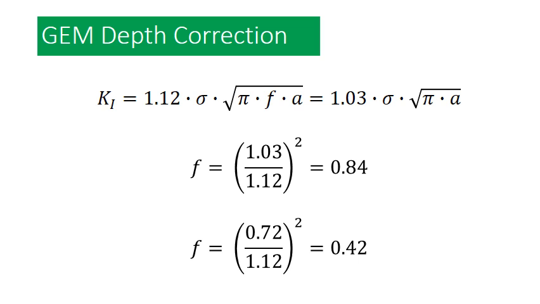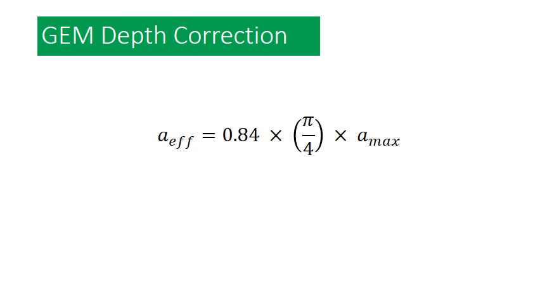Now those two average out at 0.63, so that provides another number for us to play with. Now what I'll do is essentially I'll say that my effective crack depth is equal to that correction factor 0.84 times pi over 4. I'm approximating a semi-ellipse and then multiplying by the maximum crack depth.